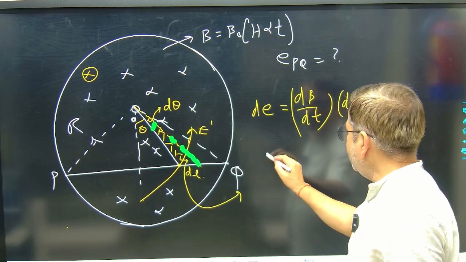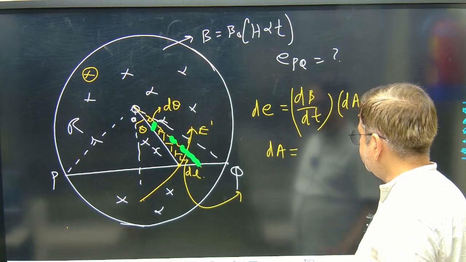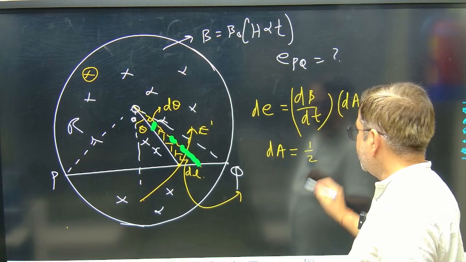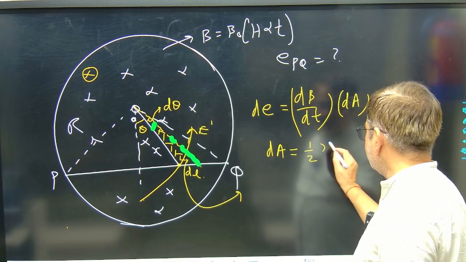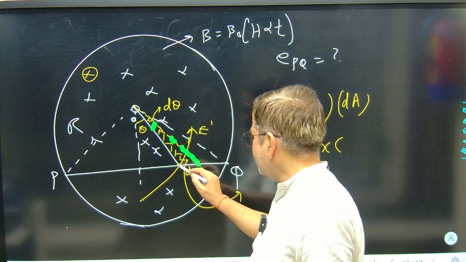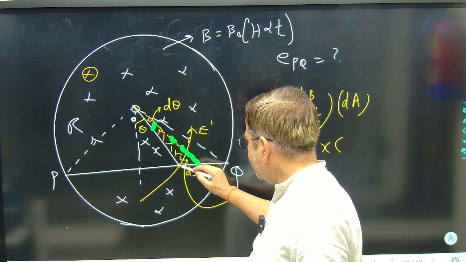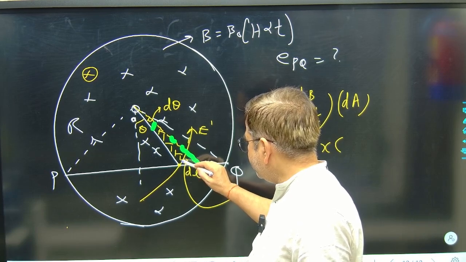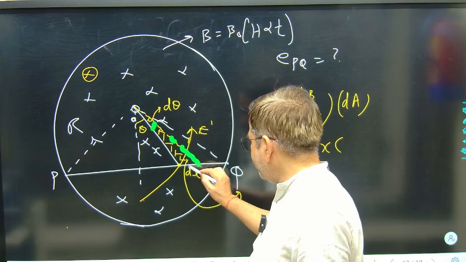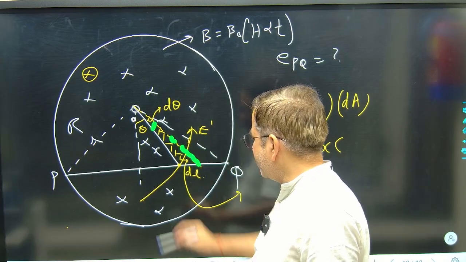What will you write for dA? dA is a small triangle, half of base into height. Half of base, what is the base? It is X, the base is this X, into height. For this, the height will be the curve length of the E lines. It will not be DL, it will be the curve length, but the area bound will be for the triangle.